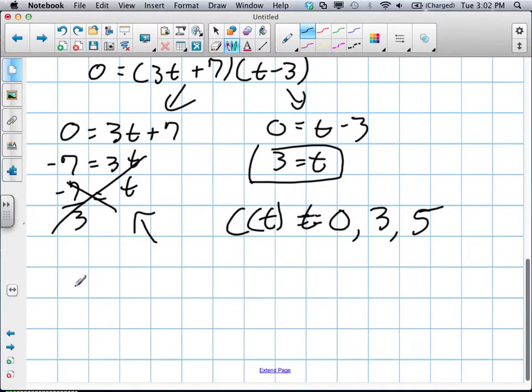So we take our original equation. C of 0 is going to be negative 0 cubed plus 0 squared plus 21 times 0, which gives us 0.